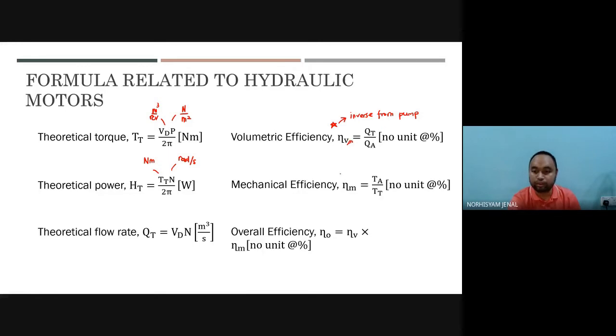This is also the same. It is inverse from pump. Meaning for pump, it is TT over TA. But for mechanical efficiency for motor, it is TA over TT. So please be aware, make sure the equation is correct so that when you do the calculation, you will get the right answer.